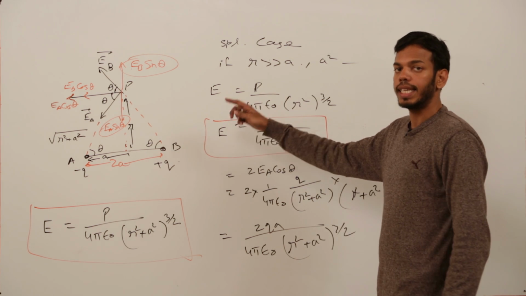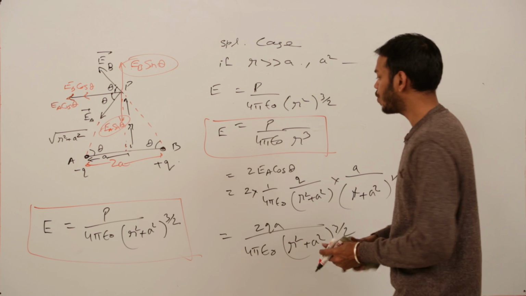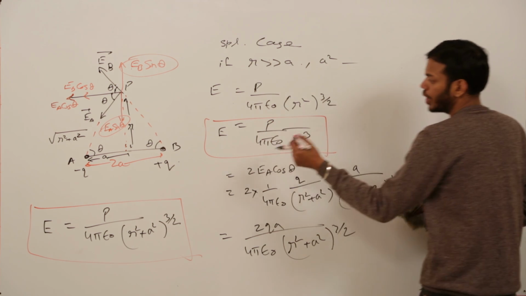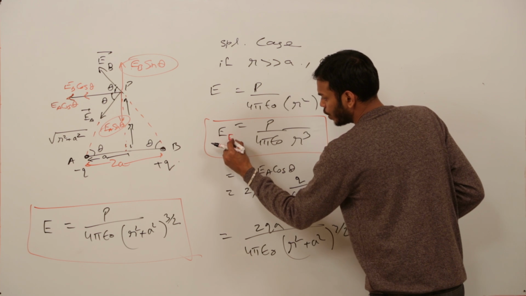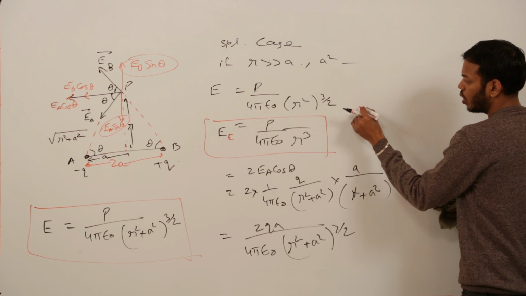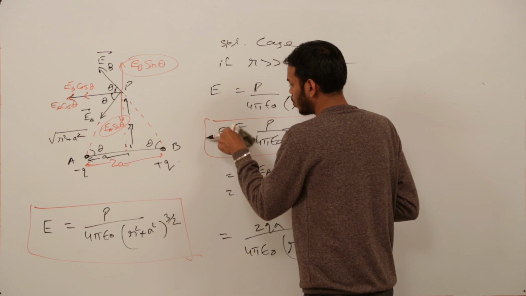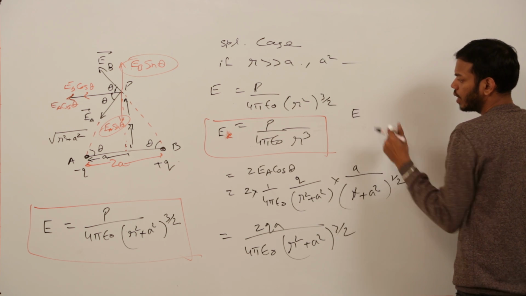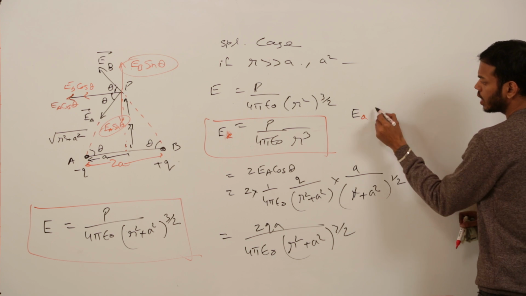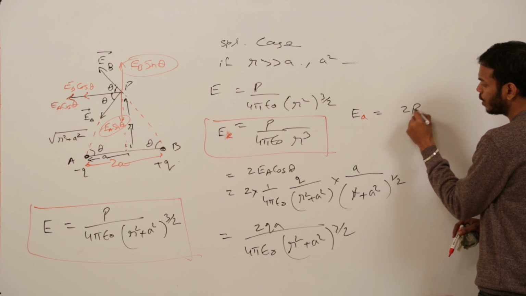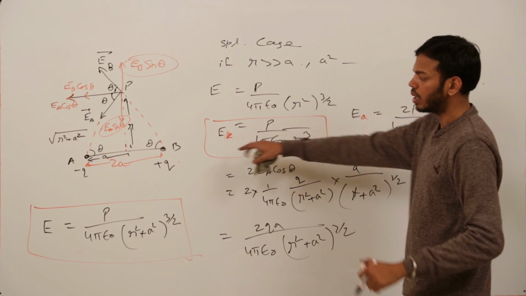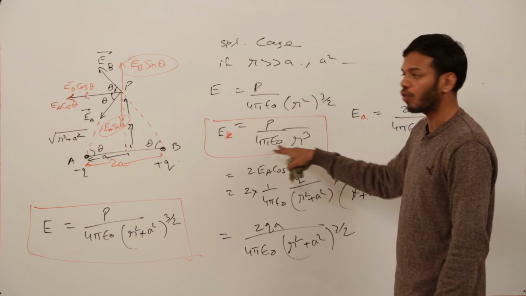Does this formula have any similarity with the formula we just derived before? There, on the axial point, okay, I am writing this equatorial. Let me write it with a small e, that will be more clear. Electric field on the axial line, the final answer was 2p upon 4 pi epsilon naught R cube, and on the equatorial point it is just p upon 4 pi epsilon naught R cube.